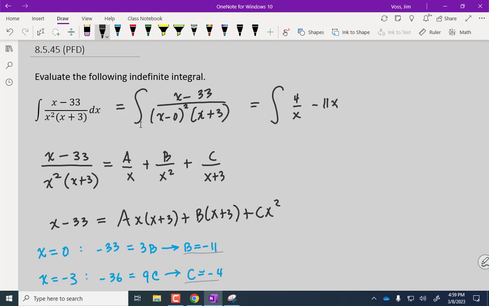We're going to write it as negative 11 x to the negative 2. Minus 4 over x plus 3 dx. So now we have completed the rewriting. We've rewritten our integrand with partial fractions.